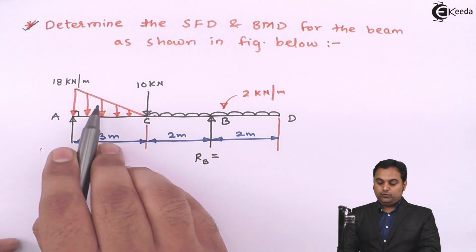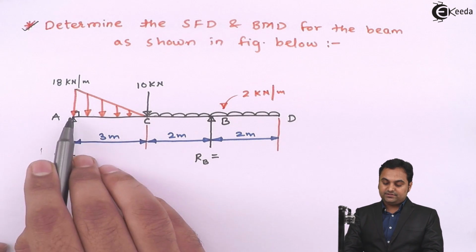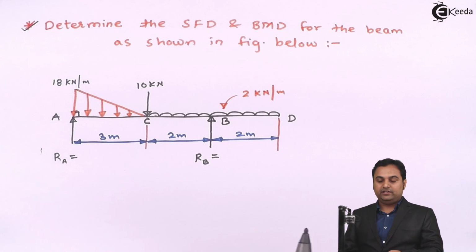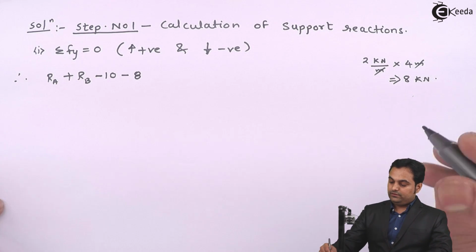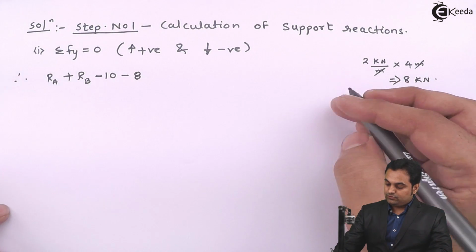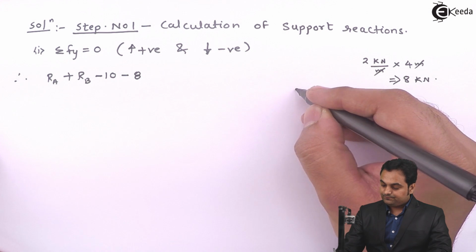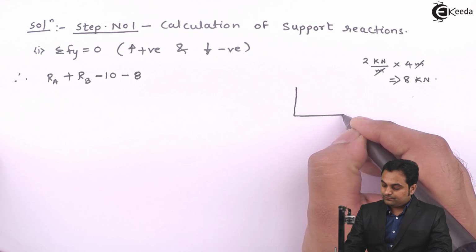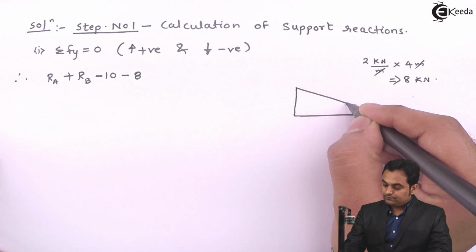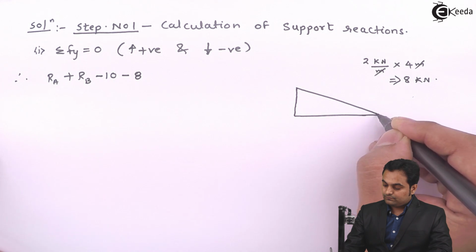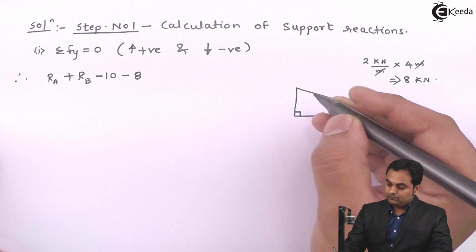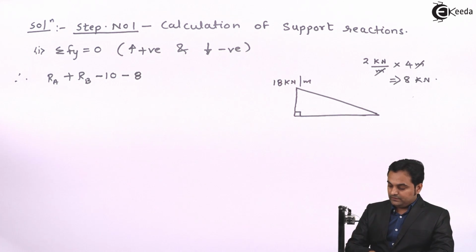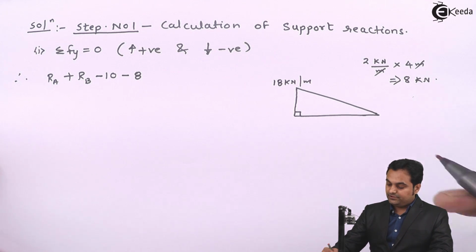Then there is even UVL called uniformly varying load, and this is a right angle triangle, so I have to find the point load for this UVL also. Here at this side, I'll just draw this UVL and explain. The UVL value is 18 kilonewton per meter and it is acting over a length of 3 meter.